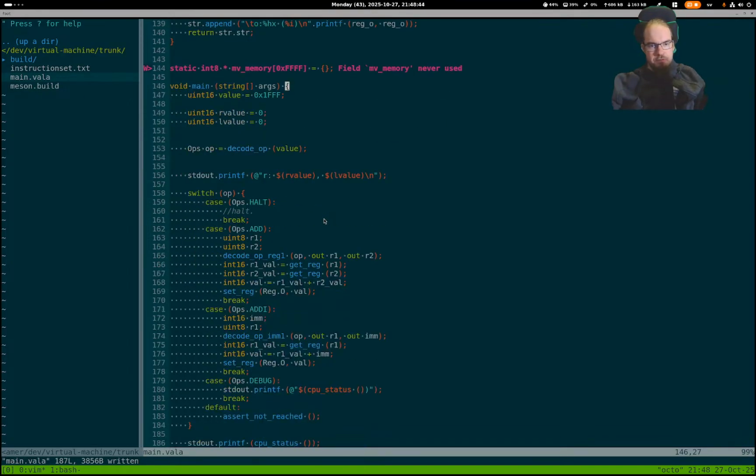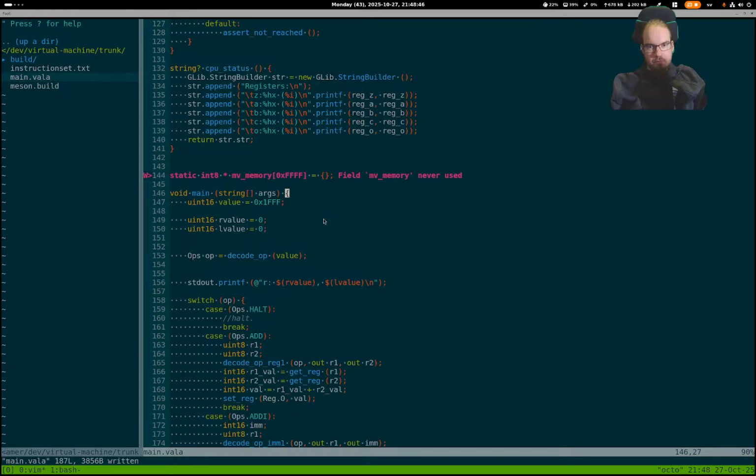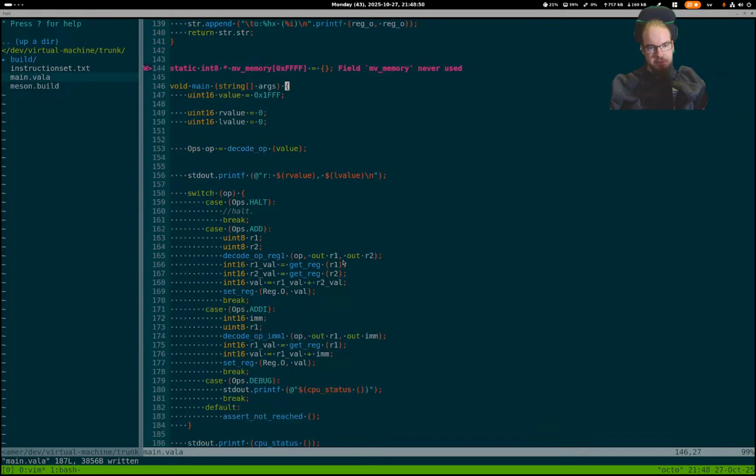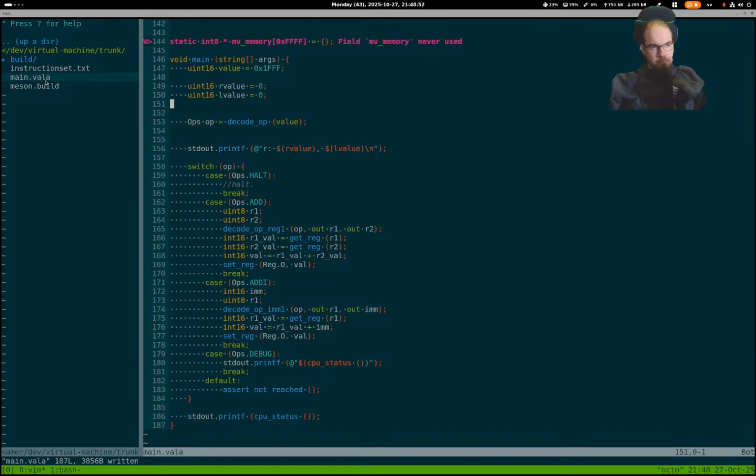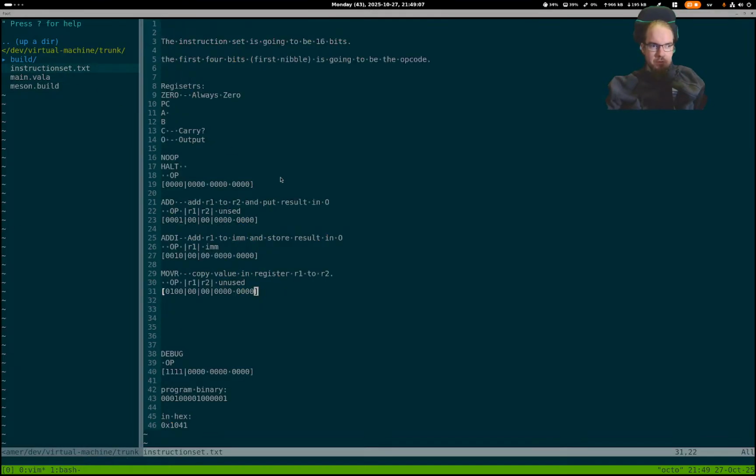That means at least we have some sort of consistency in the machine, I guess. We need read. You can read stuff in. So we have to be able to load addresses into memory and stuff like that too.